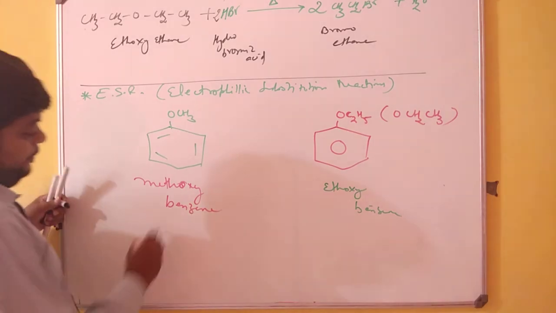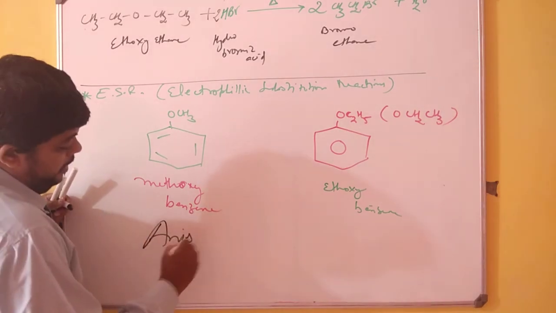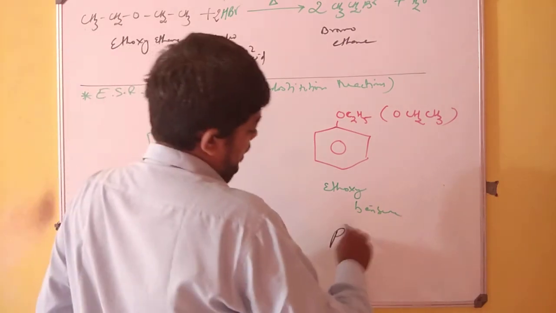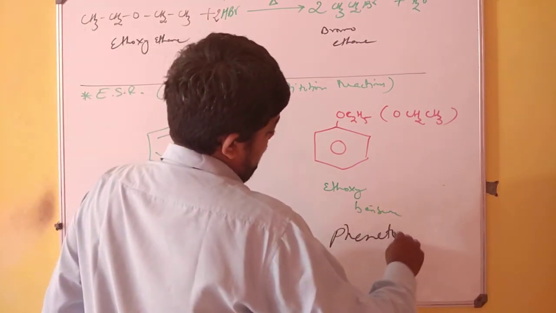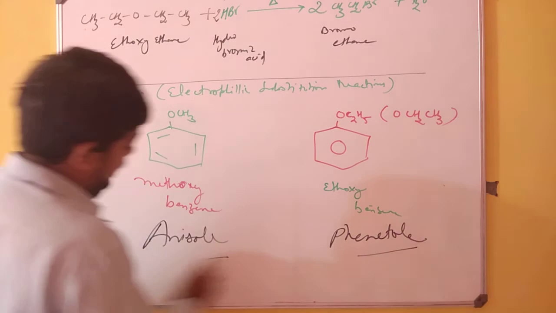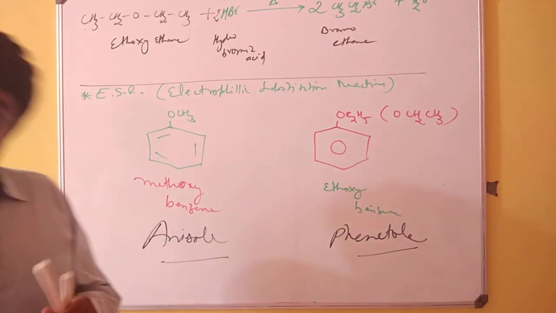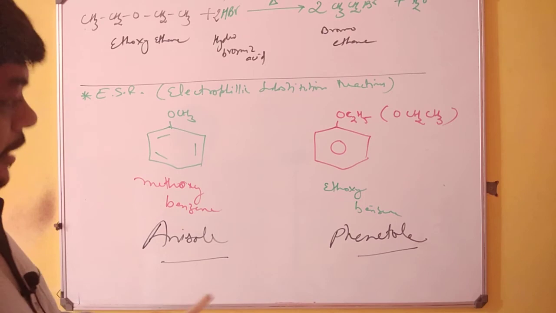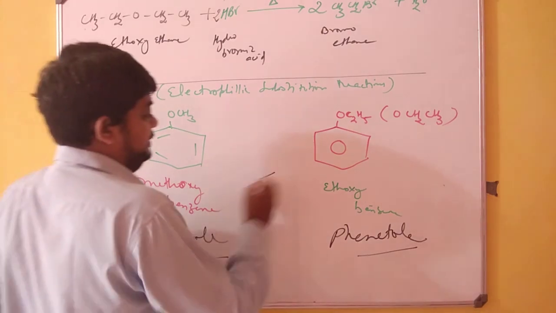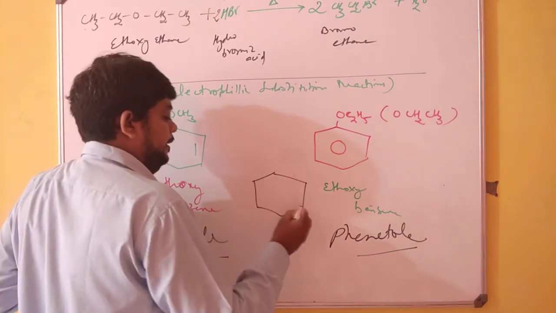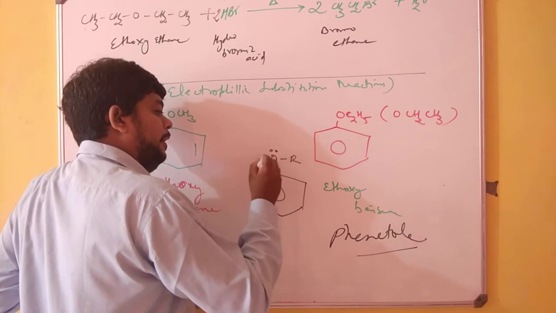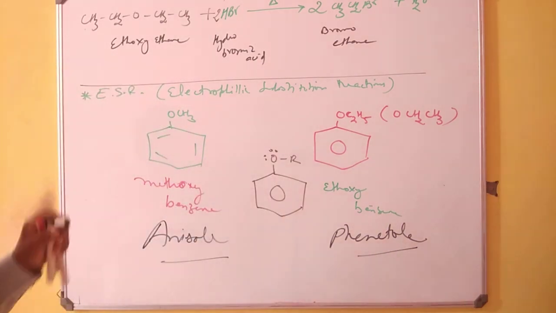So this is now anisole and this is phenetole. So this anisole and phenetole can in general be expressed as OR. And now we will be conducting electrophilic substitution reactions.